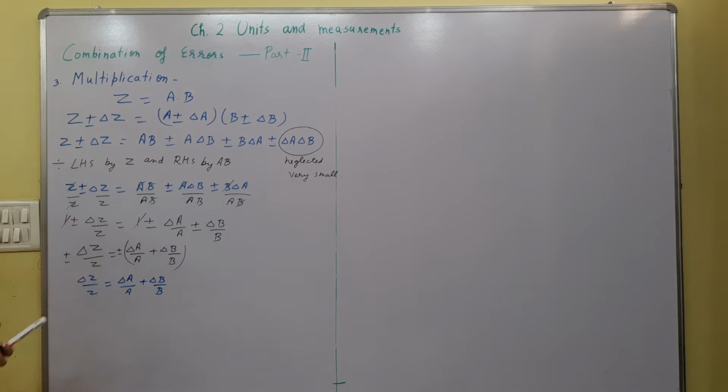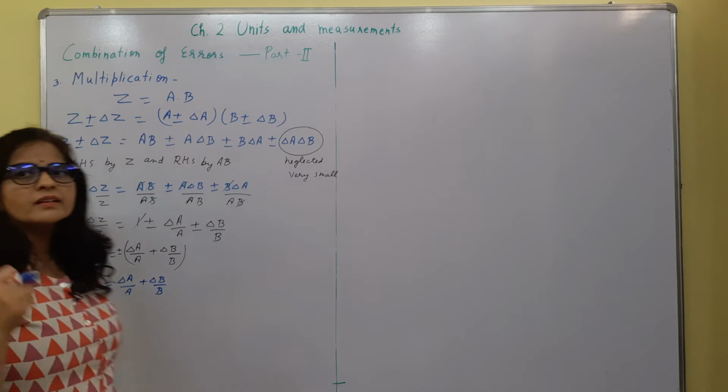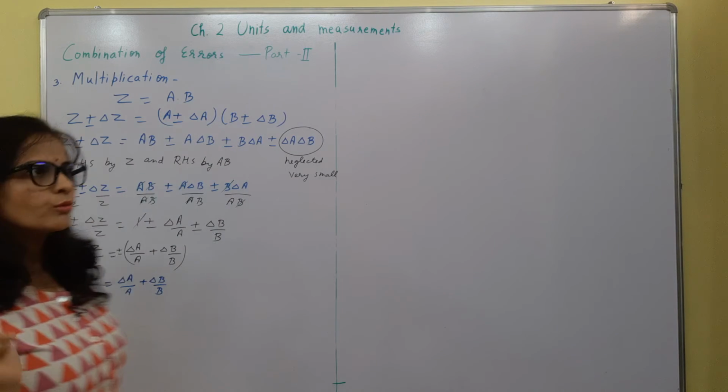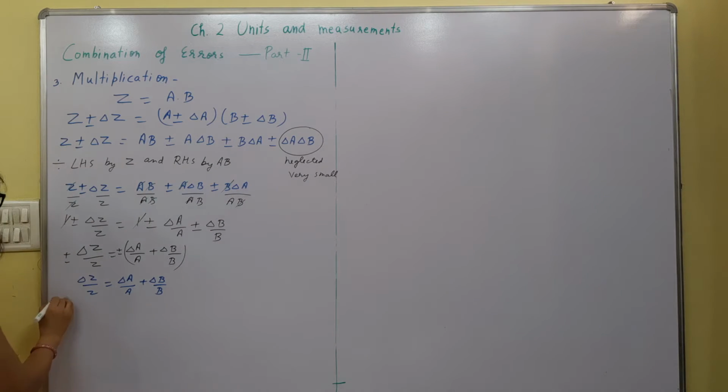So what will be the result? The result will be the relative error in the product of two quantities. The relative error is also called the fractional error.